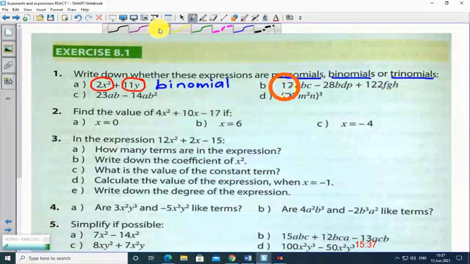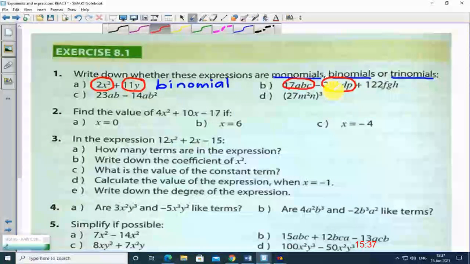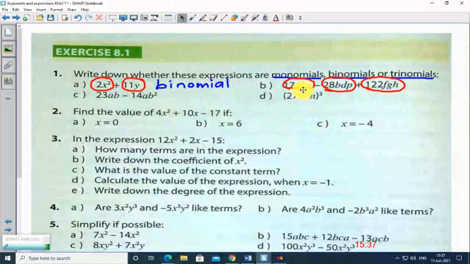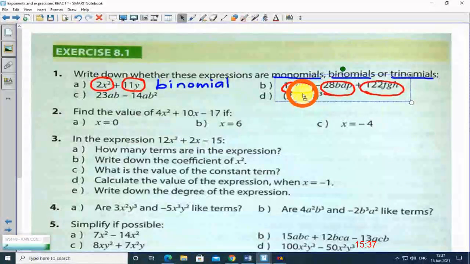My first term is an ABC term. My next term is a BDP term. You see, separated by a minus sign. And my next term is an FGH term. They're all totally different kinds of terms, algebraically. And so if we ask the question, are they like terms or not? They are definitely unlike terms.